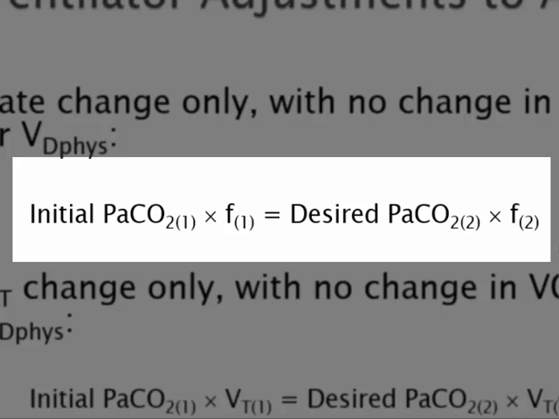What we can do is adjust the rate to achieve the CO2 that we want. So here's the before and after equation, where they call it initial or desired. The settings and values you have before, like the CO2 and the respiratory rate, you set equal to the after. In other words, you choose the CO2 that you want and calculate for the rate.